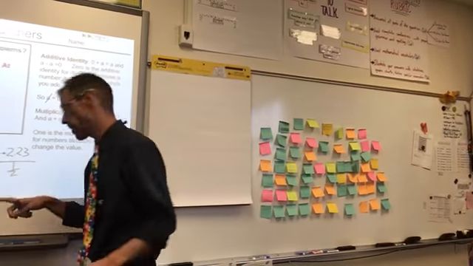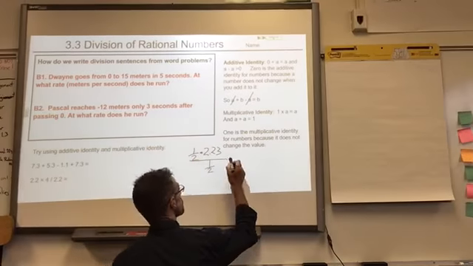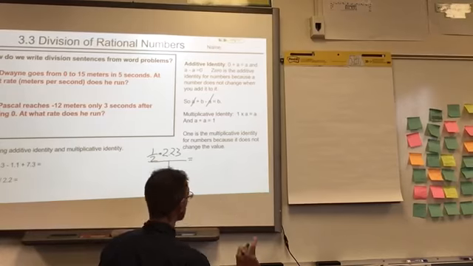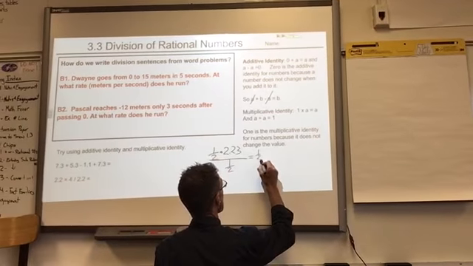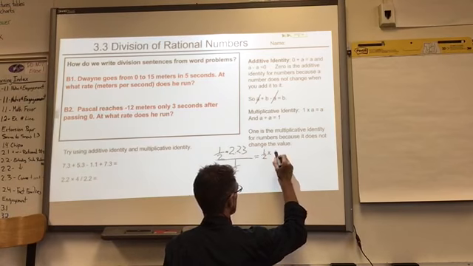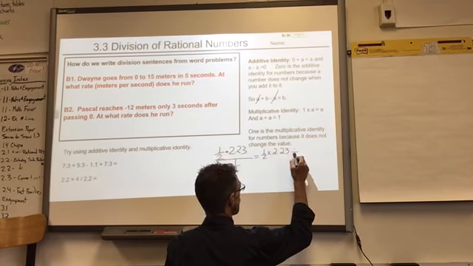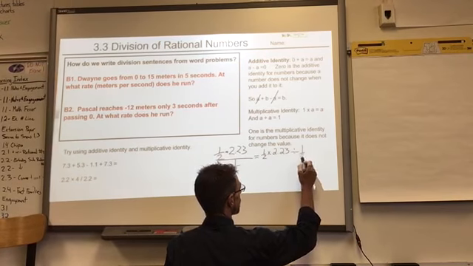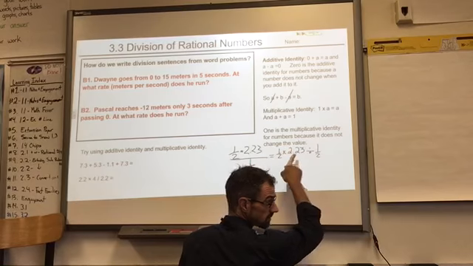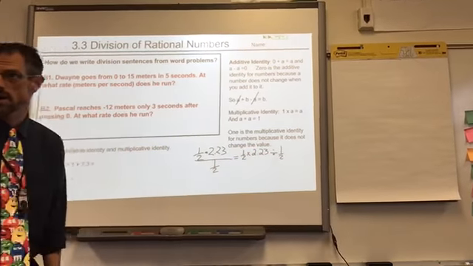Now, if I rewrite this problem, I'm going to write an equivalent equation. 1/2, and I'm going to change it to x's here because I have a decimal in there. 2.23 divided by 1/2. Okay. These are equivalent. You guys see that, right?